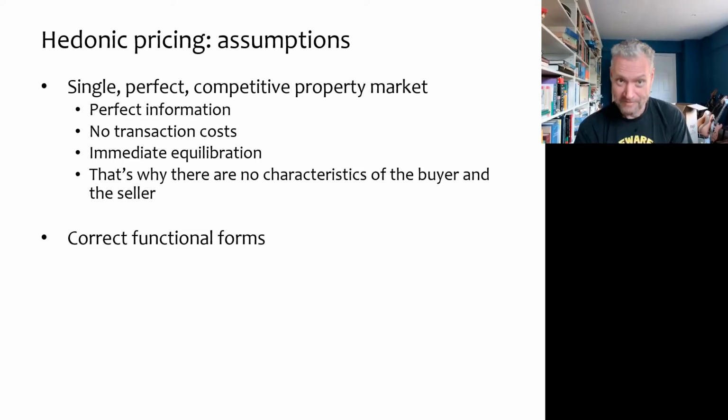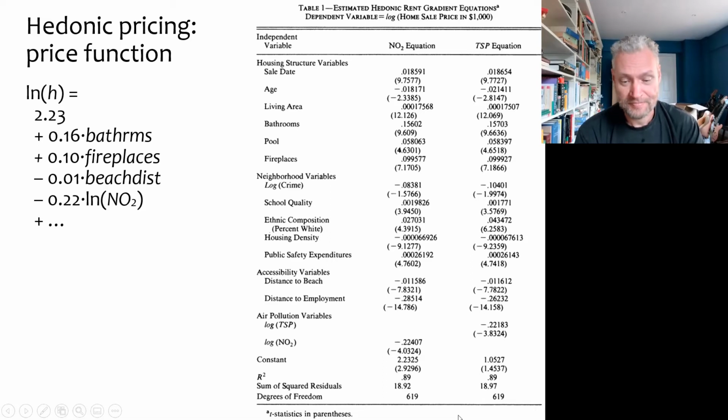So strictly, you need to assume that every potential house buyer has a lot of information on the market, that transaction costs are low or irrelevant to the price of the house, that the market is in equilibrium, and so on and so forth. Now, if you make these assumptions, then it follows that the equation that you have here only has the structural characteristics of the house and its environment and the neighborhood.